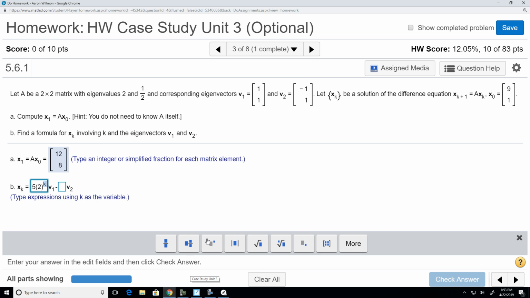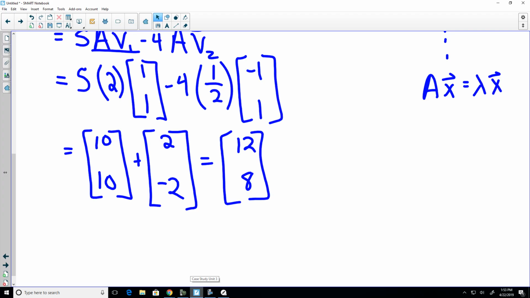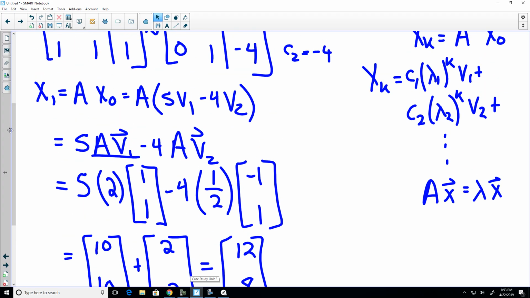If we keep multiplying A times this guy, we keep multiplying by 2. So the 2 gets multiplied k times. And here the 1/2 gets multiplied k times.